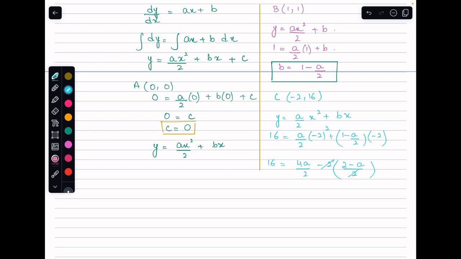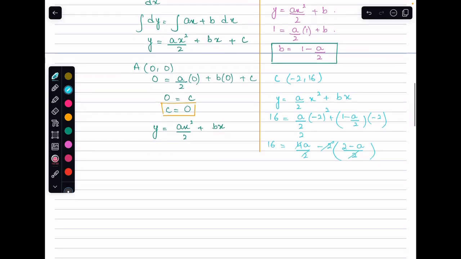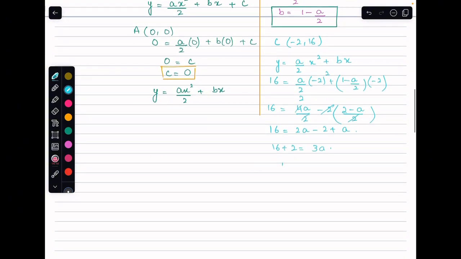This 2 gets solved, this 4 and 2 also gets solved, so that now I am left with 16 equals 2a minus 2 plus a, or 16 plus 2 equals 3a, or 18 equals 3a, or the a value comes out to be 18 divided by 3, which is actually 6. So here I am able to get the value of a, which comes out to be 6.